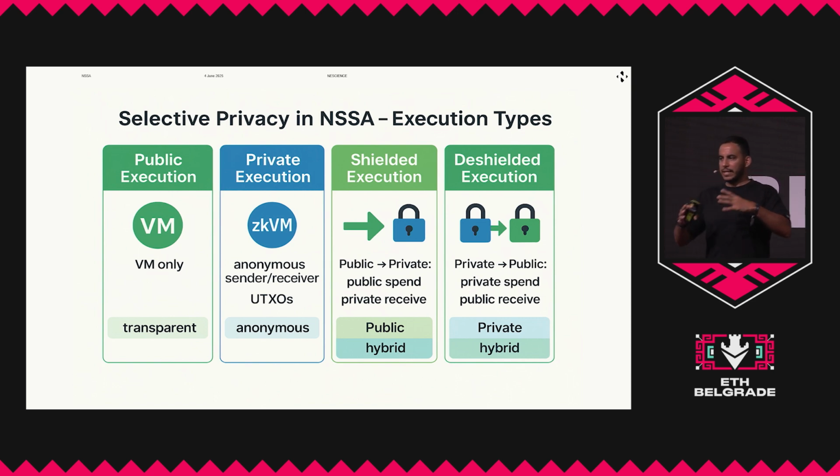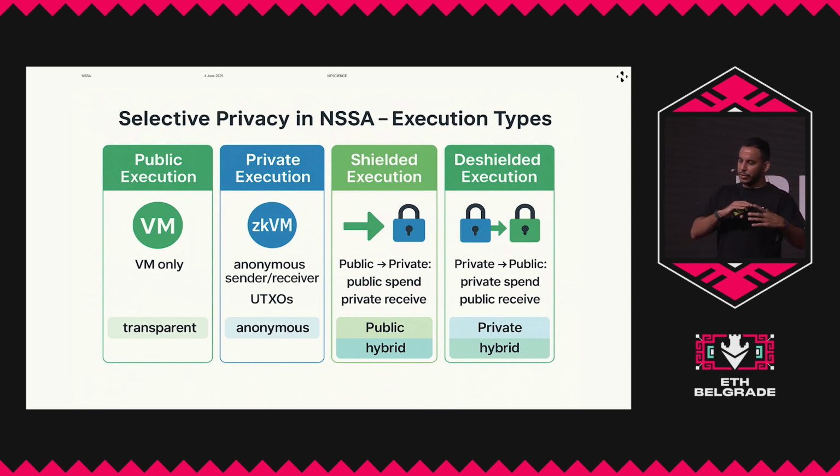Here I want to give an example of shielded and deshielded execution. In shielded execution, imagine Alice willing to send some funds to Bob. There will be a ZK proof that needs to show two things: that Alice has these funds on her public account, and that the new private note that Alice will build is correctly formed.